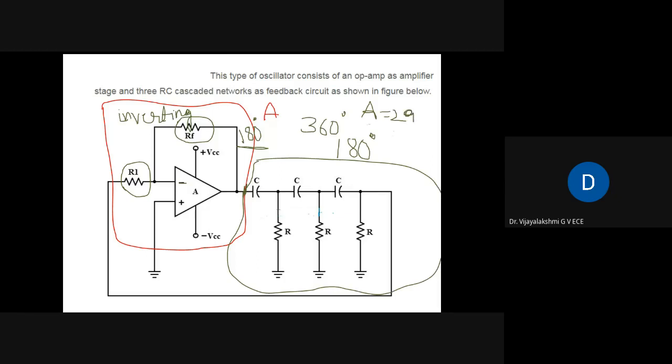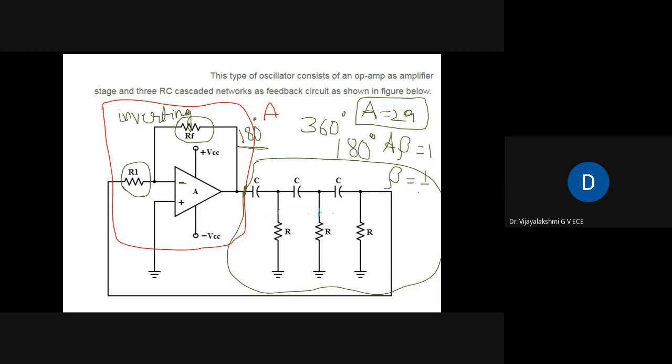Okay, I cannot show you this because I need to do the derivation if I have to prove how A is 29. So as of now, as per syllabus, there is no derivation. So I'm just telling you the amplifier has the gain of 29. Now if A is 29 and if the Barkhausen criteria A beta should be equal to 1, then as per this, your beta should be equal to 1 over 29.